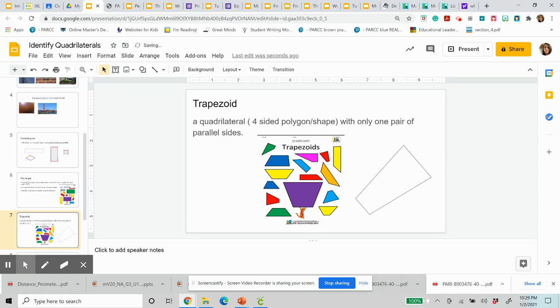So it can look a whole bunch of different ways. But what you're saying to yourself is, how many pairs of parallel lines does it have? Will this one touch this one? Yes, it would, if it continues out this way. Would this one touch this one? No. So it has one pair. So it's a trapezoid.